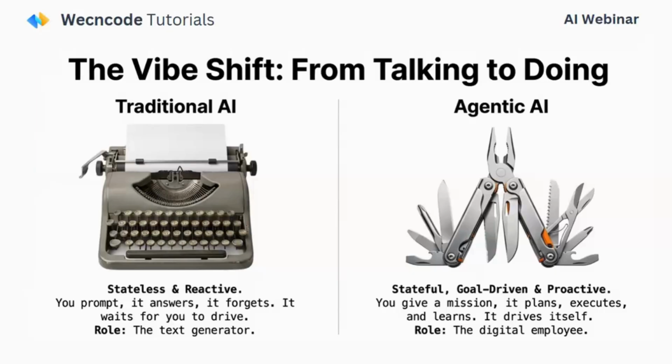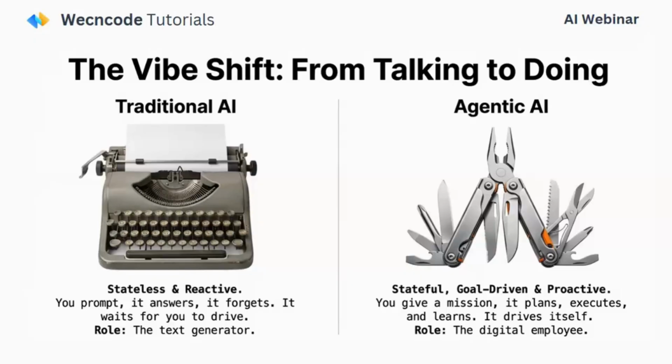But agentic AI is stateful, goal-driven, and proactive. So I can tell an agent, perform a research for me on a particular topic. The agent will go ahead and create a plan for that research, a step-by-step guide on how it is going to achieve that. If I want, I can make it such that I don't have any say once the process begins.